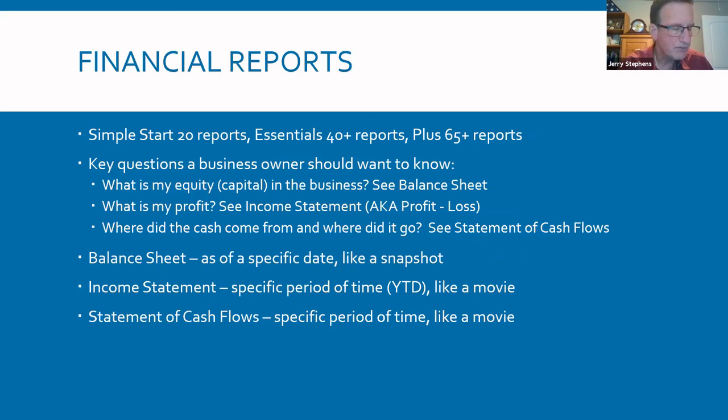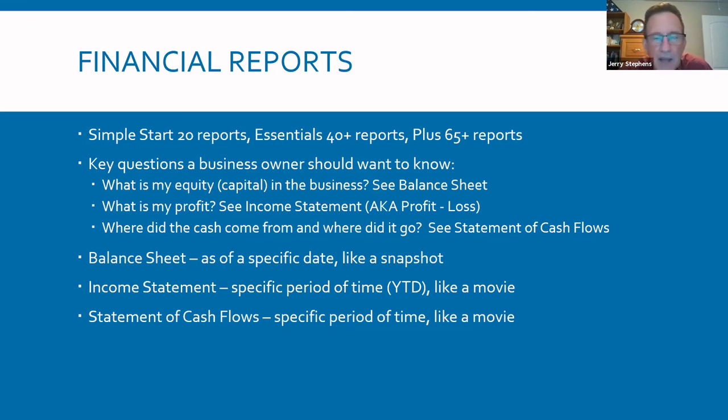Financial reports, we've talked about the different reports. Simple Start has 20 reports, Essentials has 40, and Plus has 65 plus financial reports. And there are three key questions every business owner is going to want to know through their financial statements. What is the equity? What's the capital in my business?